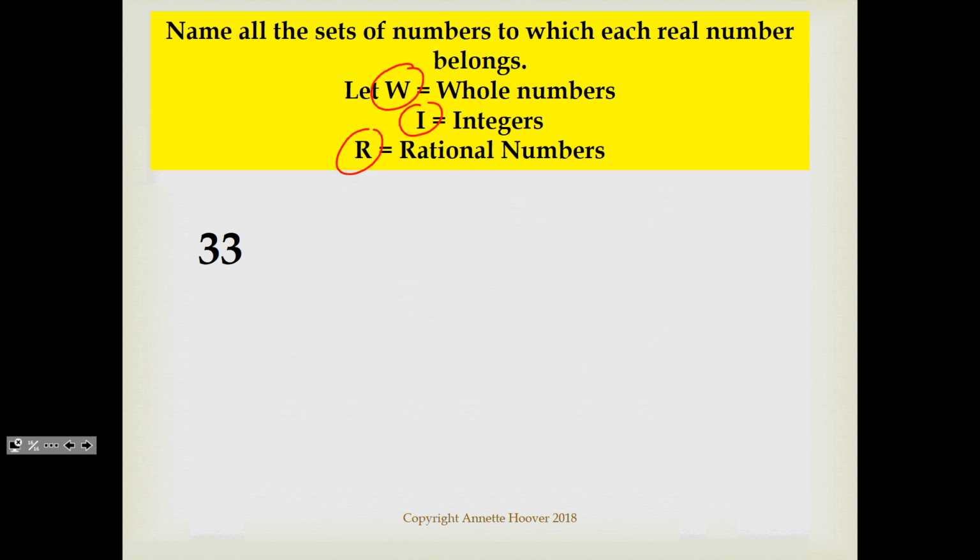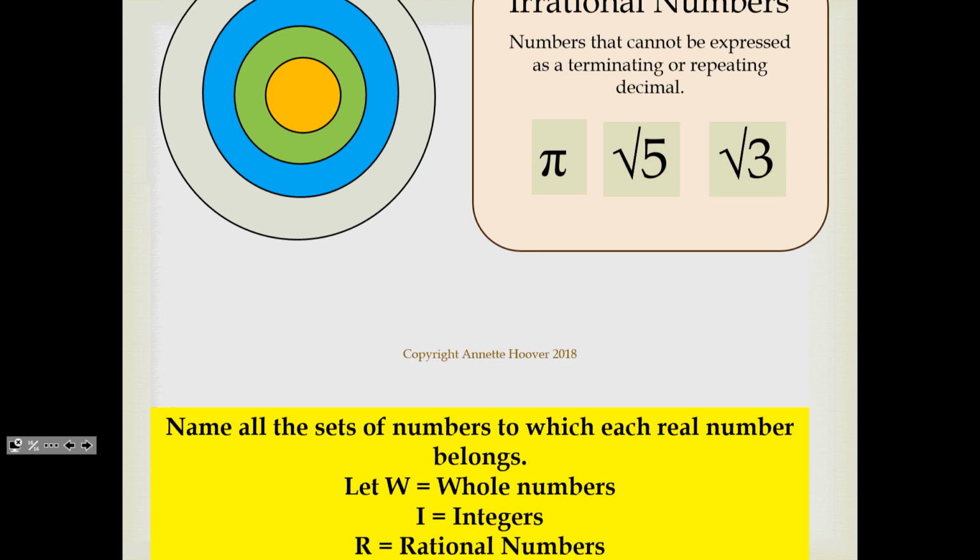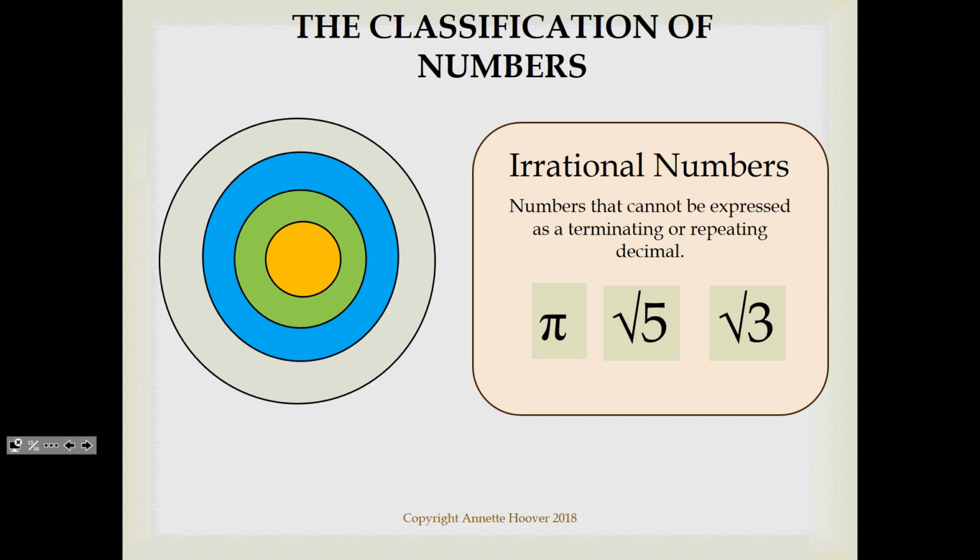So 33, this is what I do. I think about my circles. Here's the whole numbers, here's the integers, here's the rational numbers. If you can find what circle it's a part of, let's say it's a whole number, then work your way out. If it's a whole number, it's also an integer.